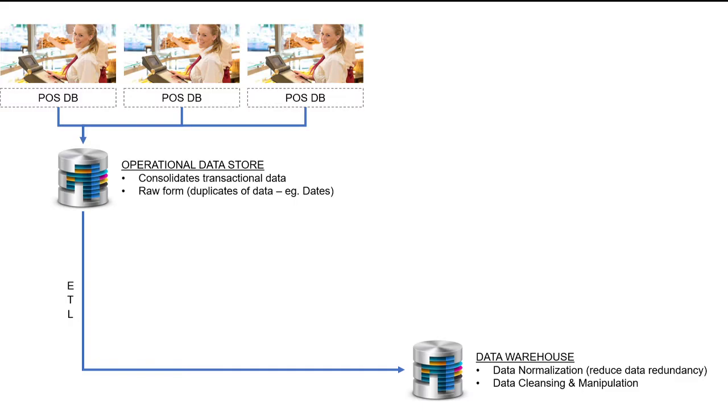The transfer of data from the ODS to the data warehouse, or in general, any movement of data from one source to one target, is called the ETL, or extract, transform, and load. As the name suggests, the ETL jobs pull the data from the stores, in this case, the operational data stores, transform them to ensure that they all speak the same language, same date formats, same spelling and type cases, and then load them to the target databases, in this case, the data warehouse.